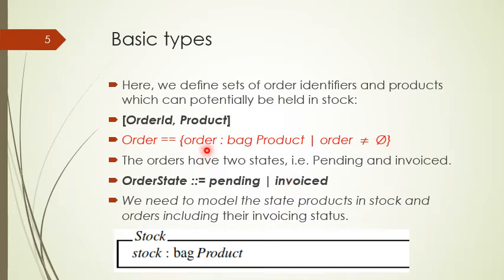By using the introduced types, we can make a schema, or we can declare a variable stock, and stock, you can see, is a bag variable declared on a bag of products.